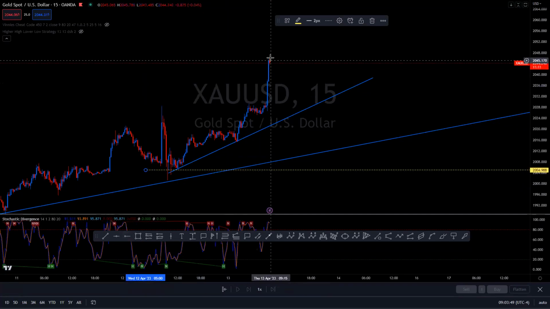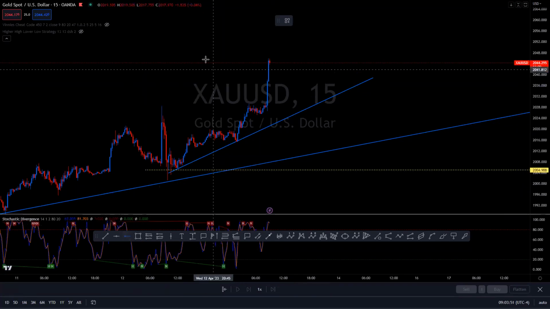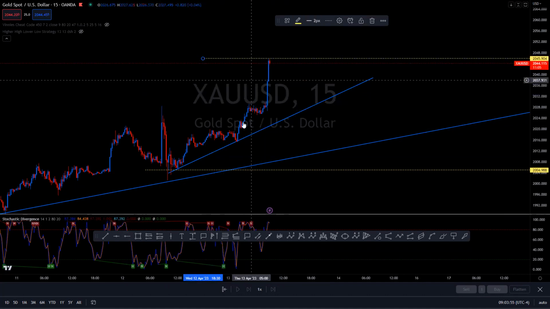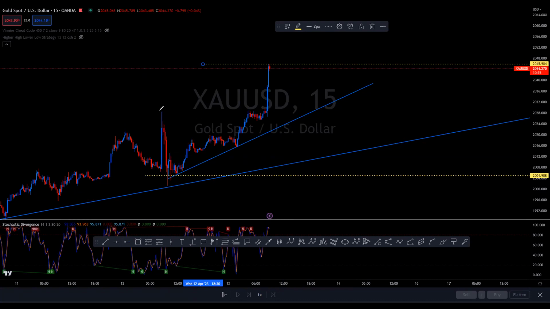Then when we go all the way up to here, we can see that this is the swing high. Okay. Now we're going to look for break of structure. When we're going into a bullish trend, we look to see if price broke the previous high. Okay. And if price is going into a bearish motion, then we look for price to break the previous low. This price broke this previous high.